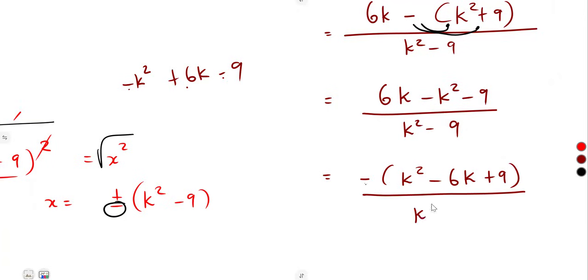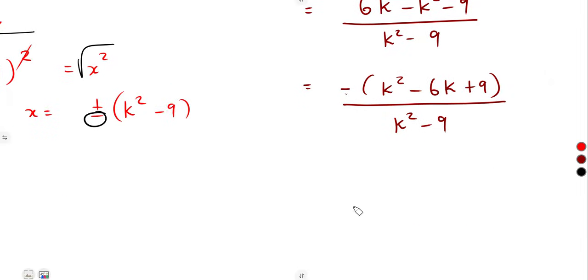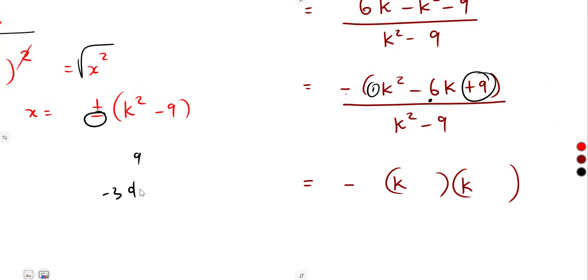Everything over what? k squared minus 9. So we can simply factorize and see what's happening here. These are just going to be two brackets here. The coefficient of k squared is 1. So meaning to say this is going to be k and k. Factors or products of what? Of 9, which add up to negative 6. That's negative 3 and negative 3.